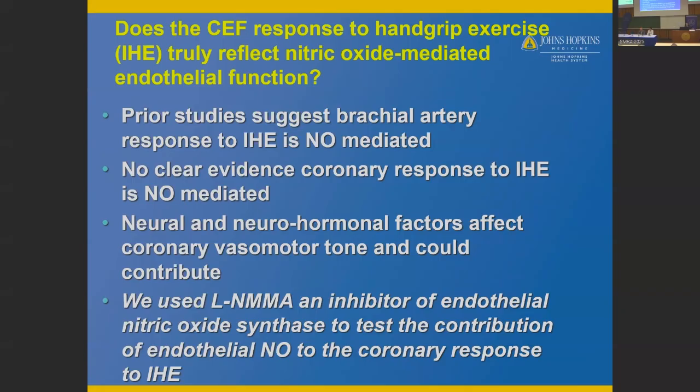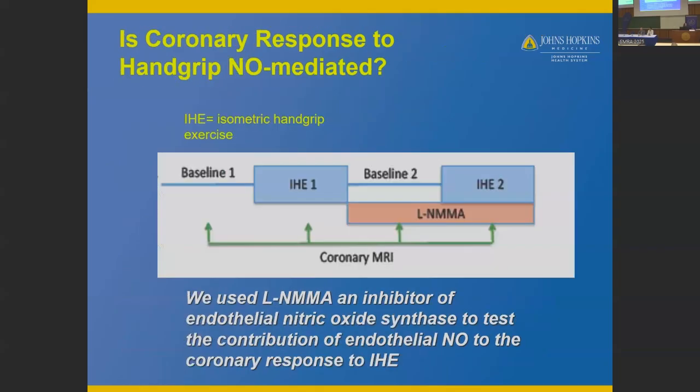However, one of the criticisms early on was, is this really looking at a nitric oxide mediated response? This had been validated using the brachials years ago, but we decided to perform an experiment to further validate the technique. We administered an inhibitor of endothelial nitric oxide synthase called L-NMMA, as an IV infusion, to test the contribution of endothelial NO to the coronary response.